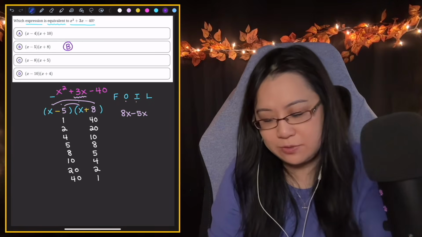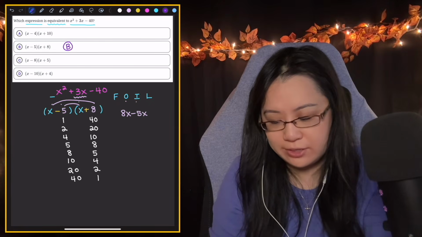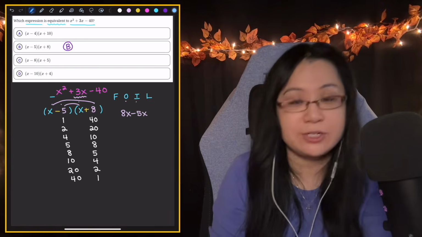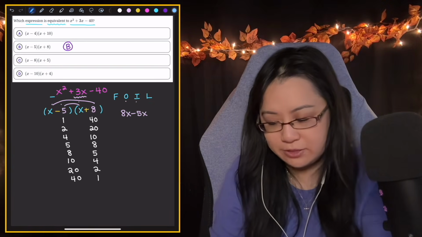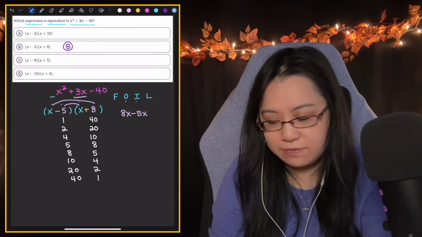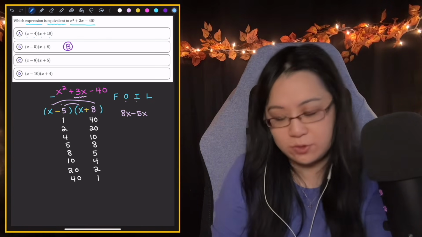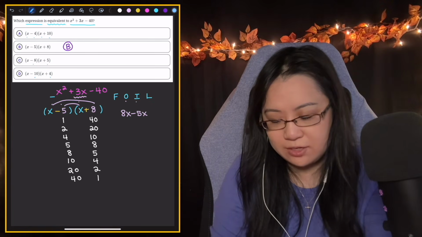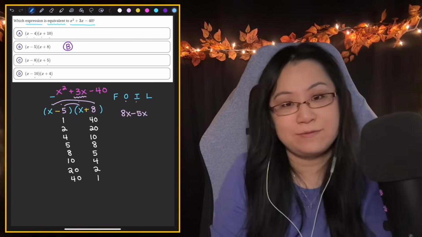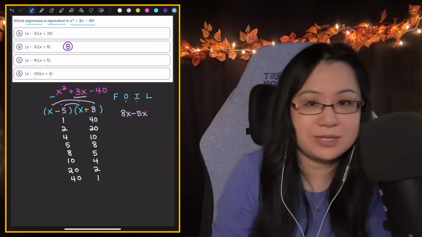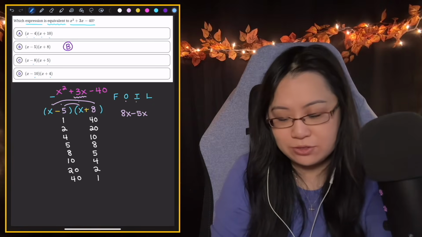And if you want to do a quick little check for the other answers, it really just comes down to our outer and inner for these answers, because we do have x times x is x squared, and negative 4 times 10 is negative 40. Negative 10 times 4 is negative 40. Negative 8 times 5 is negative 40. But it just comes down to our outer plus or minus our inner to get this 3x.